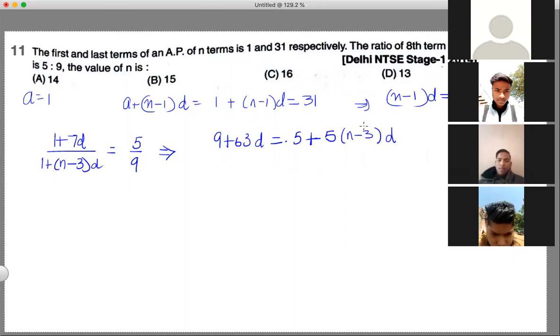Okay, see, I know this, right? So I can do a small manipulation here just to keep life simple.